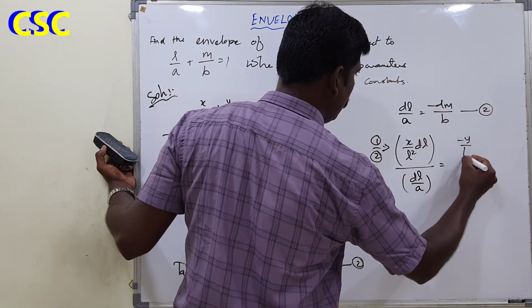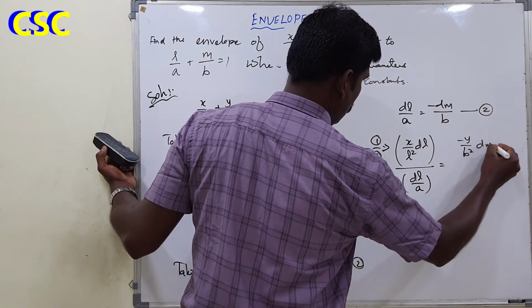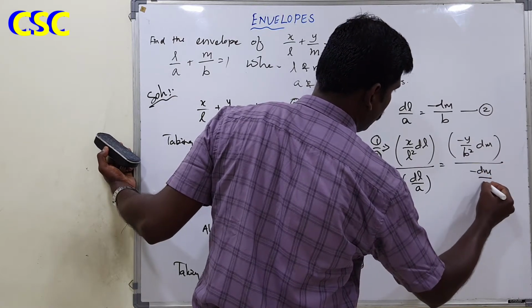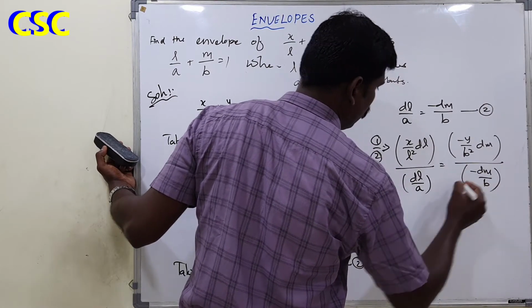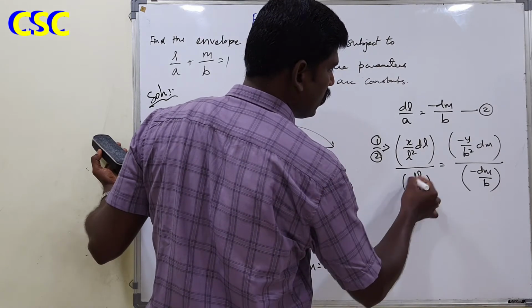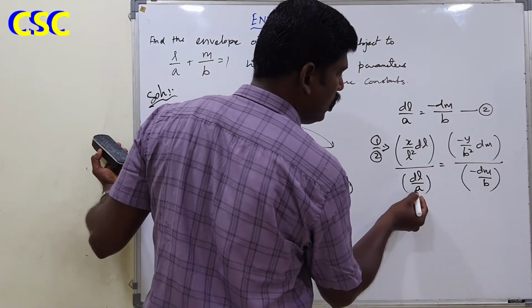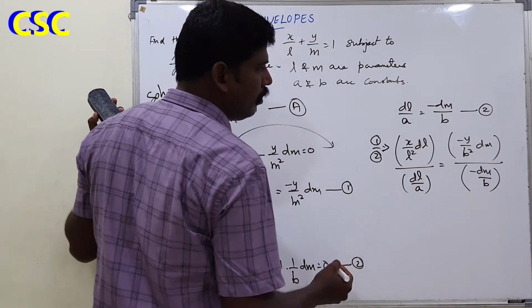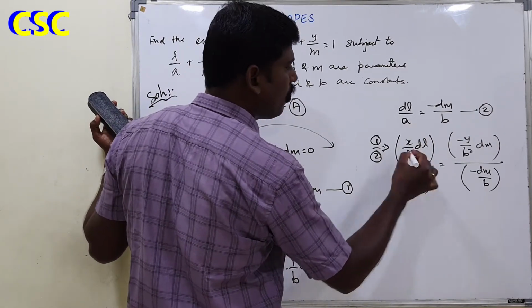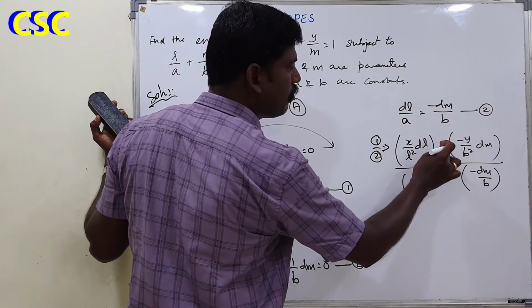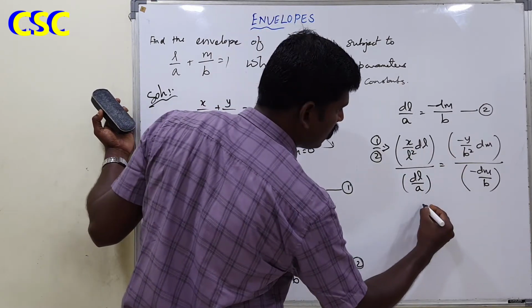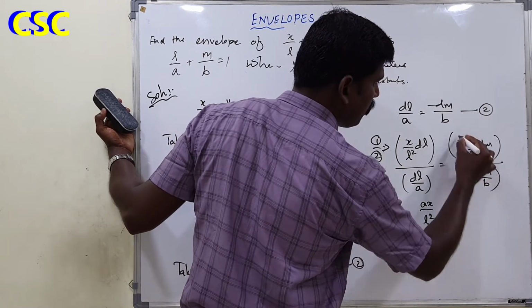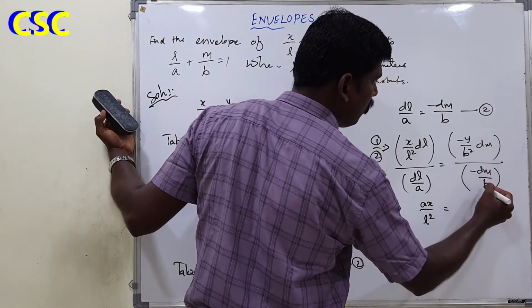Minus y by b square dm by minus dm by b. Okay, we cancel the dl with dl. This 1 by A goes to the numerator by taking the reciprocal multiplication, isn't it? So A by dl cancel each other. So ax by L square is equal to minus becomes plus, dm cancels with this dm, right?